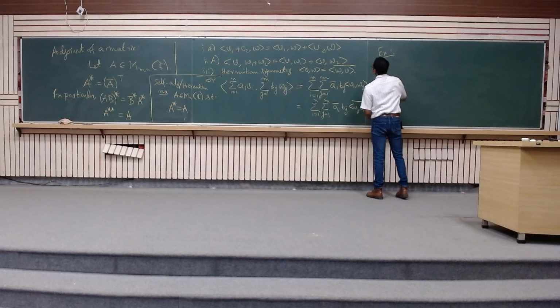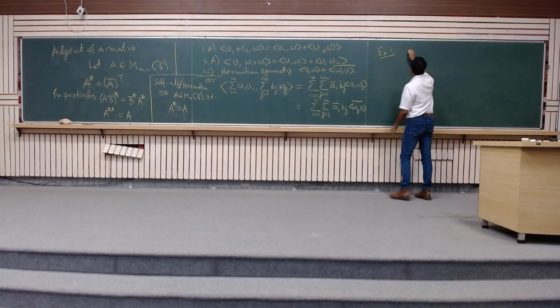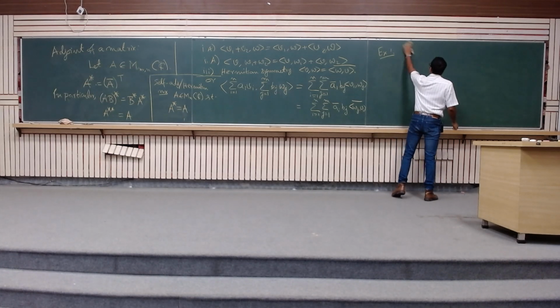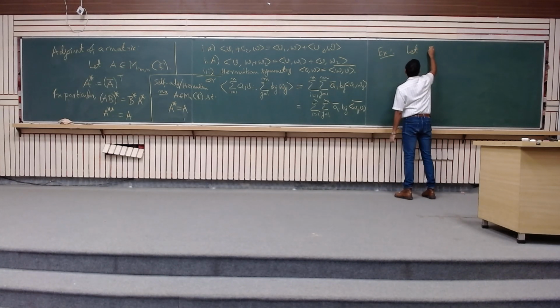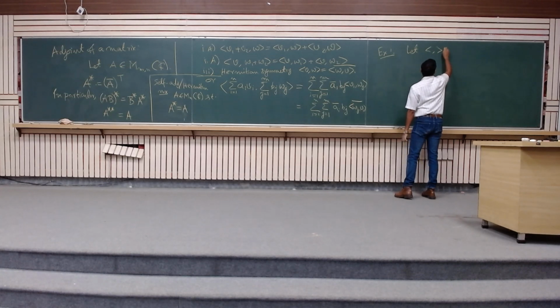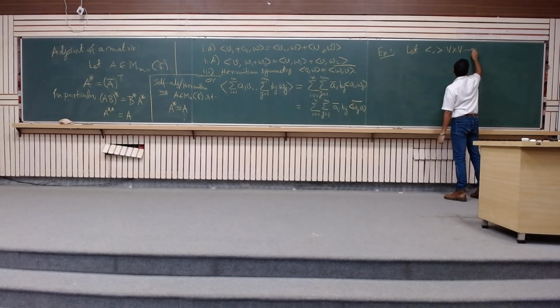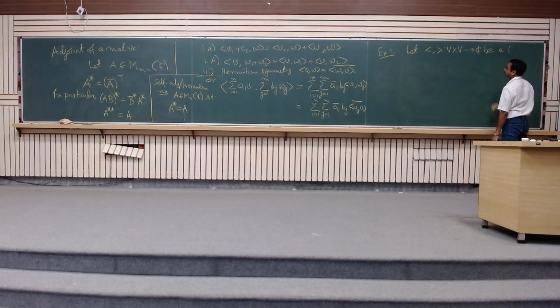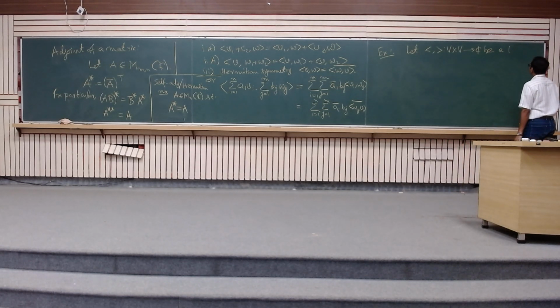Exercise 1. Let the form from V cross V to C be given.